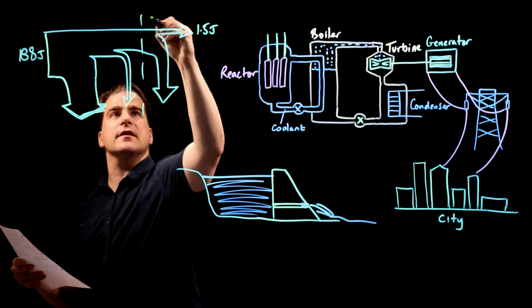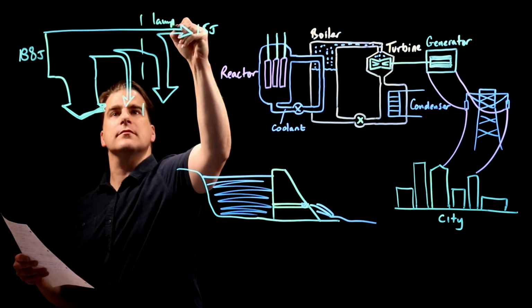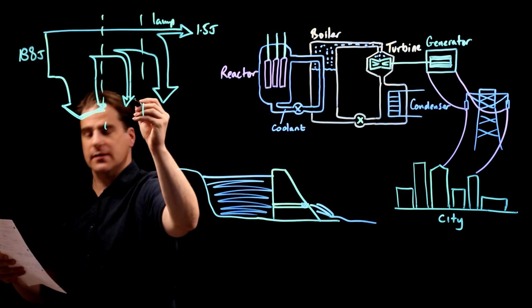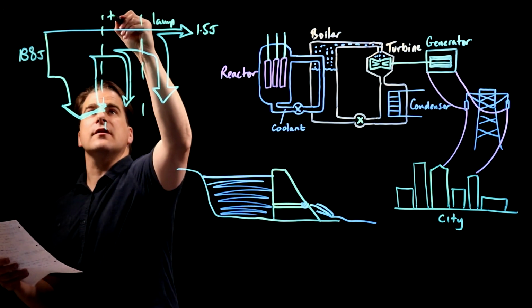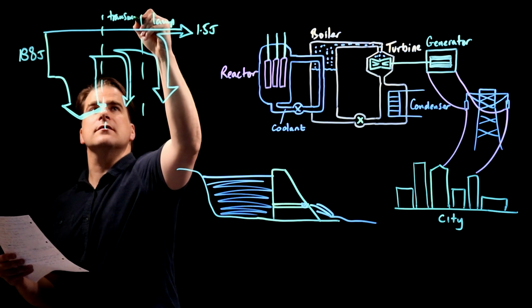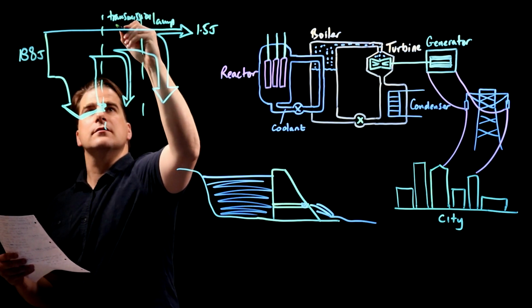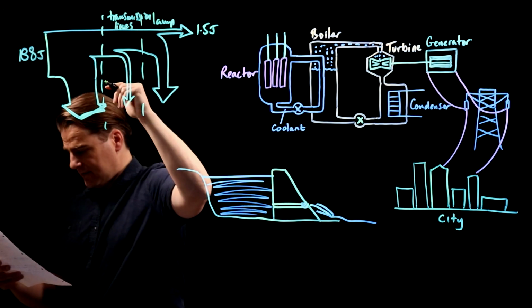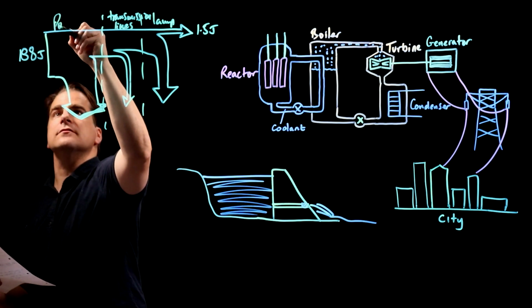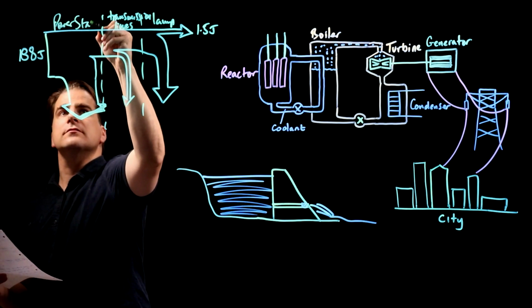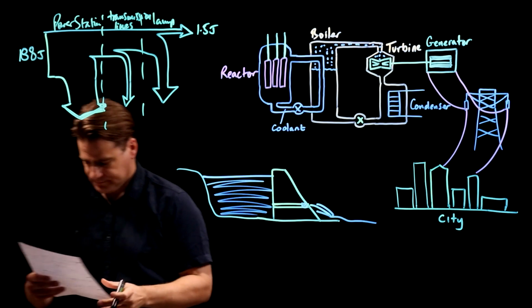So that bit is the lamp. This bit is the transmission lines, and this is the power station.